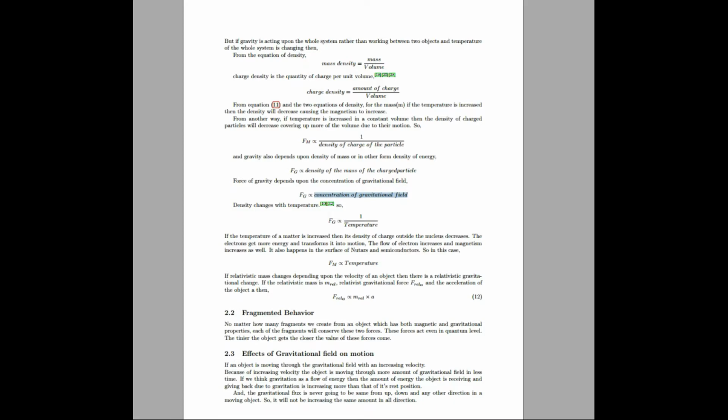Now we all know that temperature can affect gravity, but there weren't many papers related to it. I didn't get much. But with increasing temperature, the black hole has a very low temperature, while a neutron star has a very high temperature.